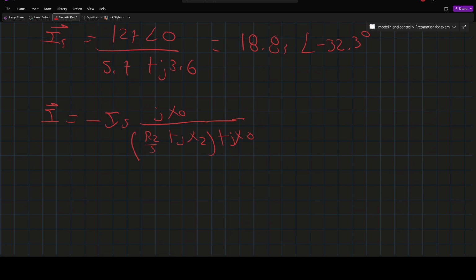Okay, and we just plug in the values and we get our rotor current of 6.34 at an angle of minus 4.70 degrees.